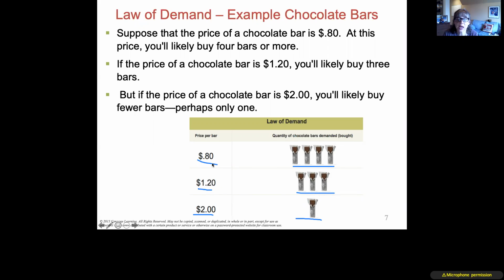And as you can see, as the price is going up, it went from 80 to 120 to, ta-da, $2. What happened to the demand? Yeah, it went down, because as the price gets larger, we demand less.